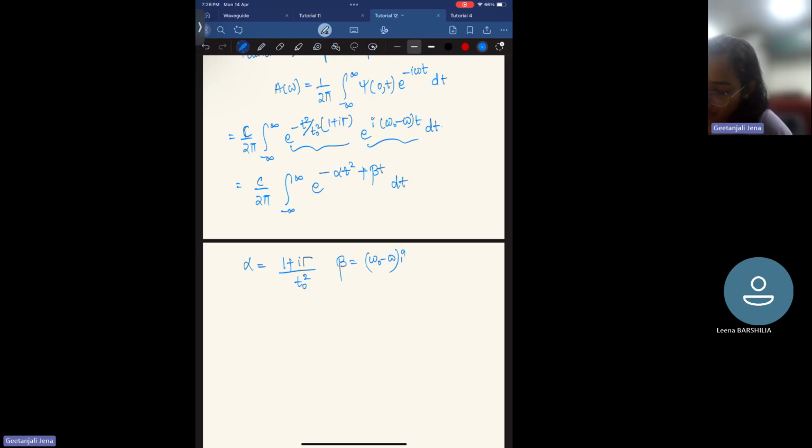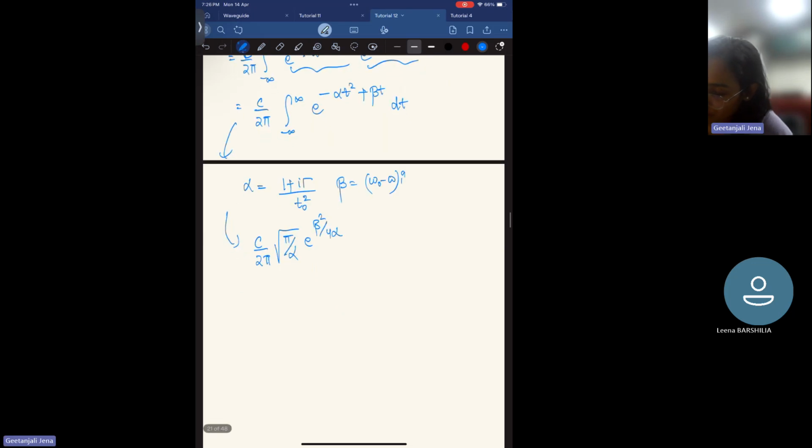So the integration of this will give, so this integration will now become C by 2 pi root over of pi by alpha e to the power beta square by 4 alpha. So just put the value for alpha and beta.